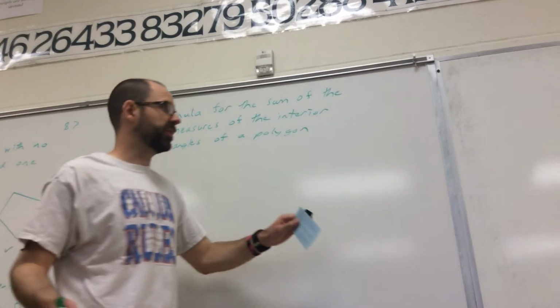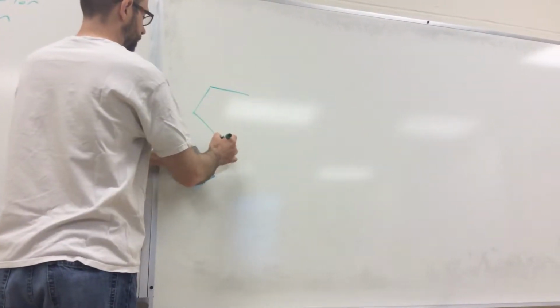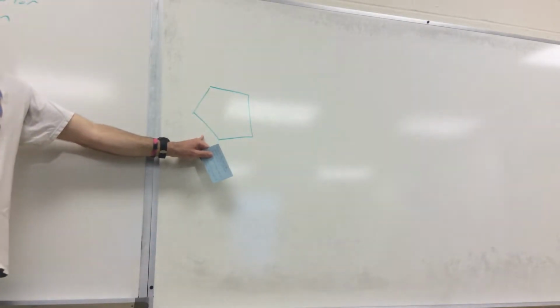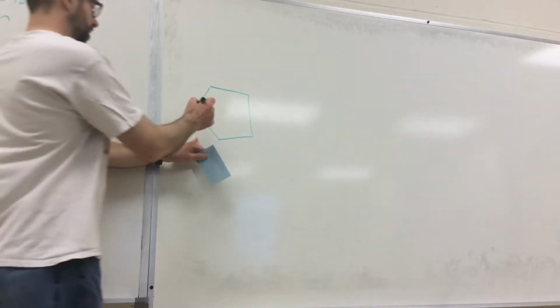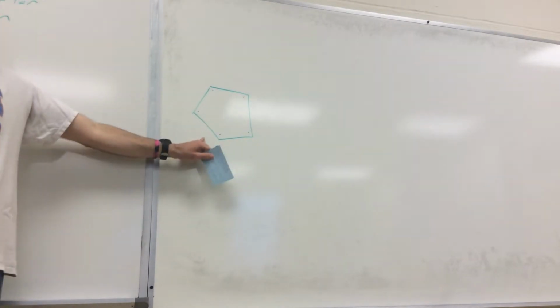So, for example, it could be a pentagon, a 5-sided figure. And when I'm talking about the interior angles, I'm talking about these. So those 5 angles.